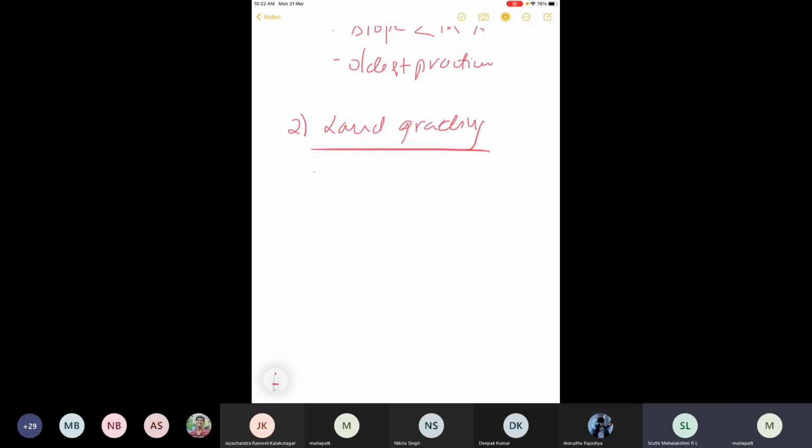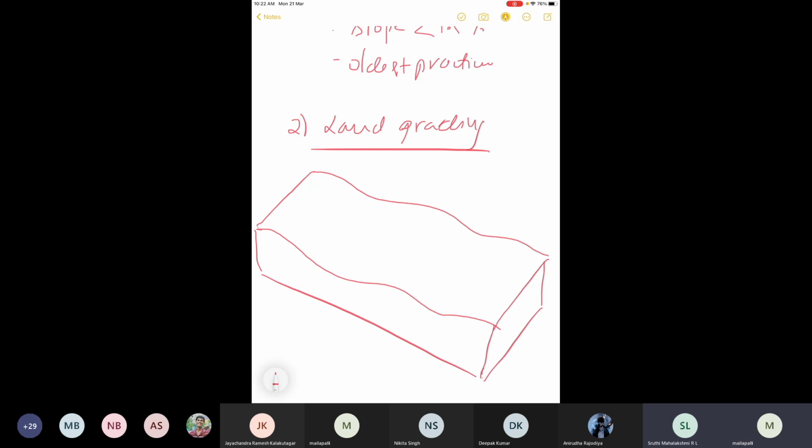Suppose you have a field with undulations like this. If this is the field, here is a cut, and again here. This is the initial surface.